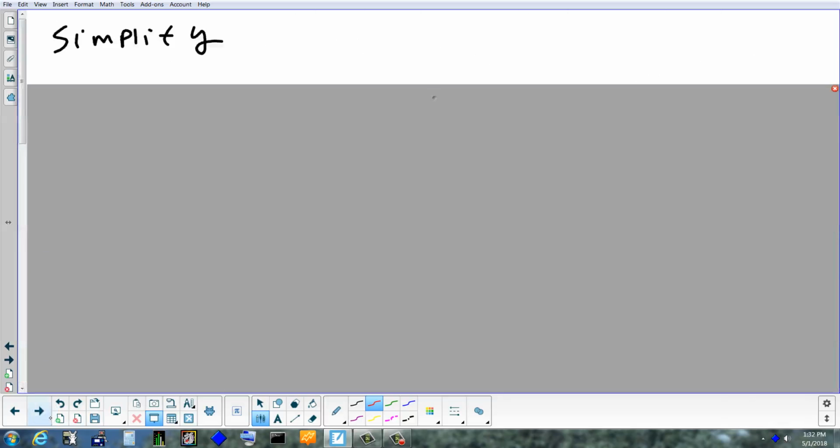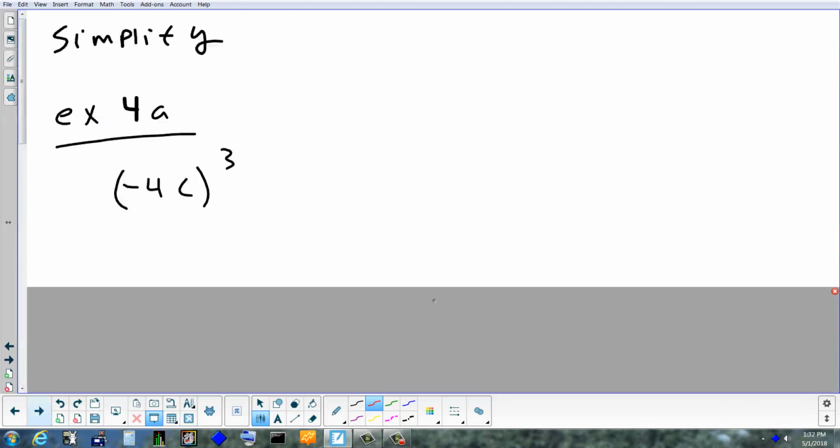Okay, let's try another one together. This is example 4a. What's the first factor inside the parentheses? -4. And what power is the -4 going to get raised to? 3. That's going to get raised to the 3.